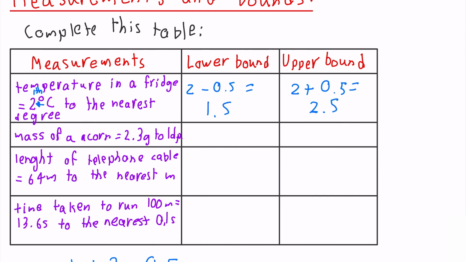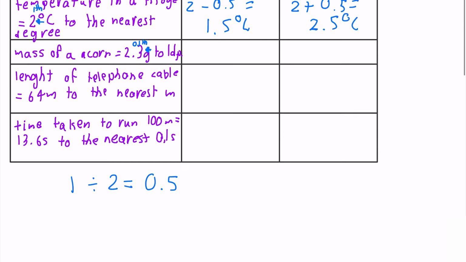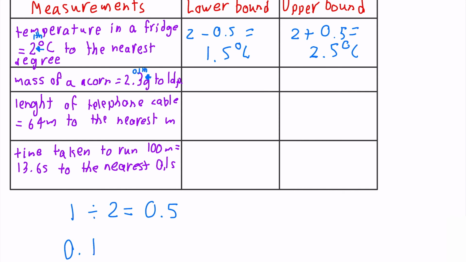Okay, the second one is telling us the mass of a cone is 2.3 to the first decimal place. So the first digit from the right is the 0.1 term. We do 0.1 divided by 2, which equals 0.05.